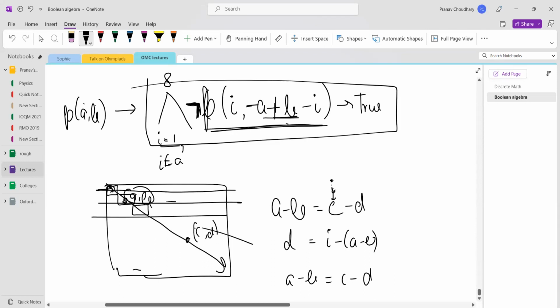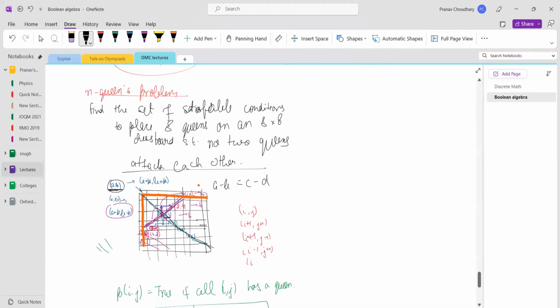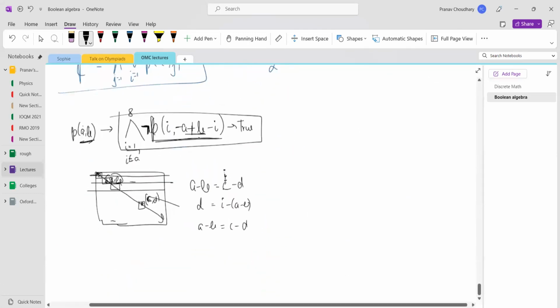Third row, I only care about this square here. So I know a comma b, these are fixed, and then c is i, the ith row. So d, find this cell. We put a minus b equals c minus d. This is the condition we had for the diagonal here, right? From here.